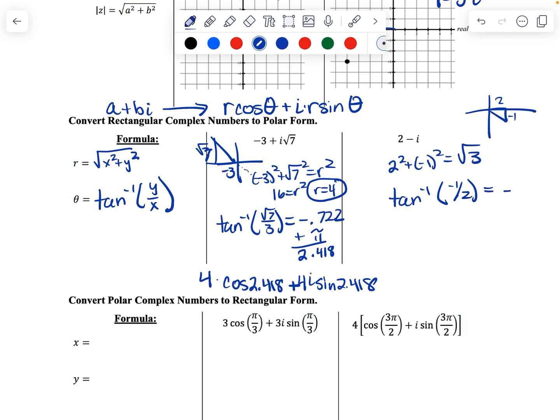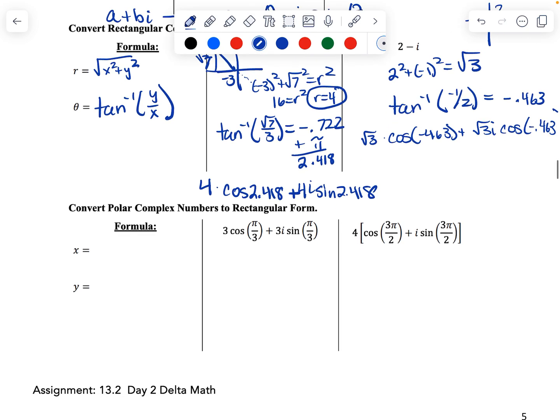That tells us negative 0.463, and that would be in the correct quadrant. So we have r, so the square root of 3 times the cosine of negative 0.463 plus the square root of 3i times the sine of negative 0.463. And there's our polar form.